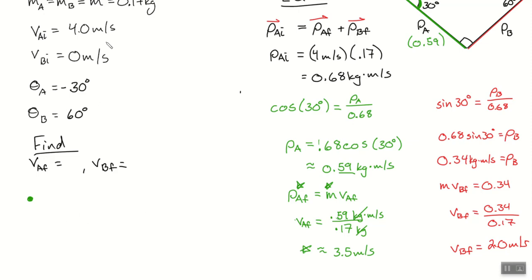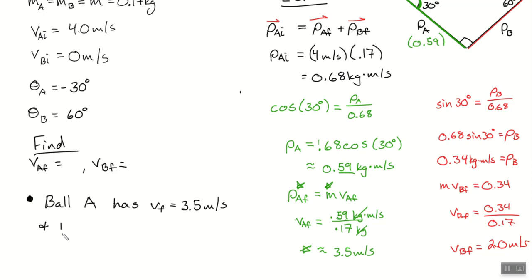How should we express our answer? I know that on quizzes and tests, I'm way more hardcore about this, but the velocity of what? So ball A, and I'm going to write the lazy form of this, has v_f equal to what? 3.5 meters per second.